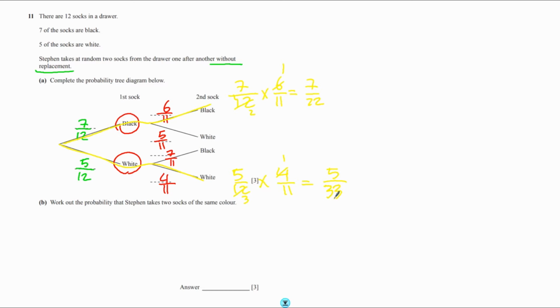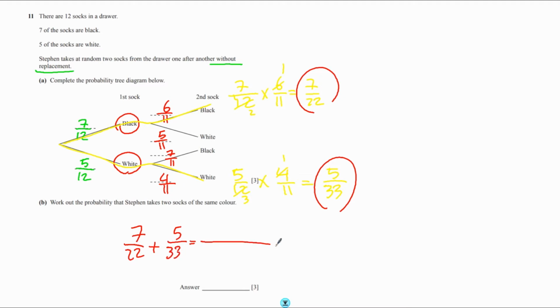Now, the probability of having two socks of the same color is this plus that, because it doesn't matter if we have two blacks or two whites. Both of them satisfy the condition that the two socks that came out of the drawer have the same color. So the final answer would be 7 over 22 plus 5 over 33.